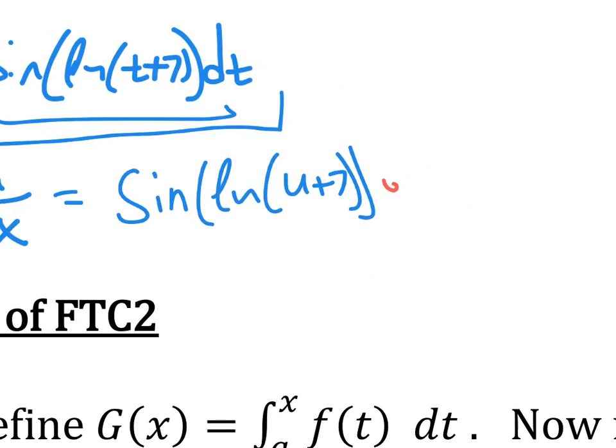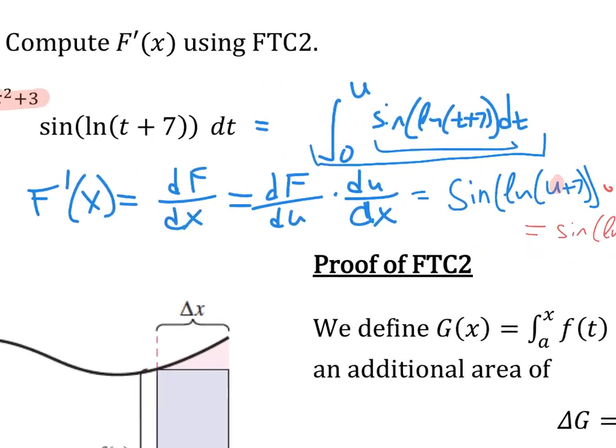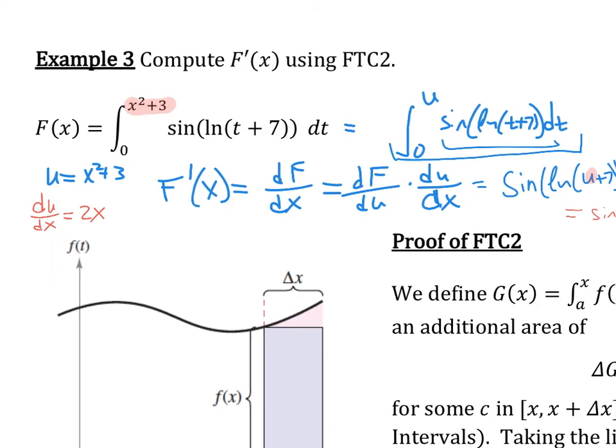So times 2x. Now, we don't want to leave it this way because we still have a u in here. So we've got to go one step further here. It becomes the sine of the natural log of u. What was u? Let's go back here. u was x squared plus 3.